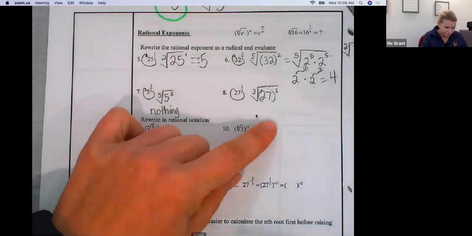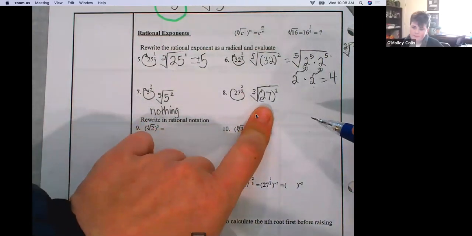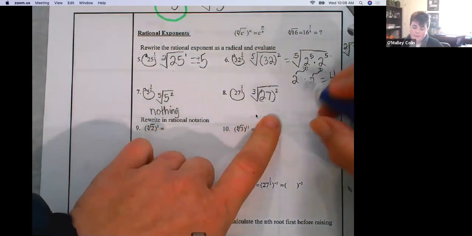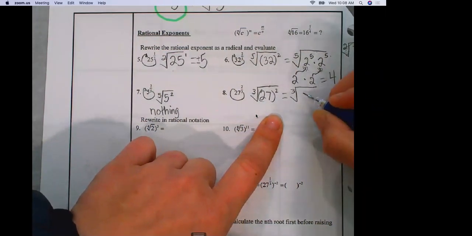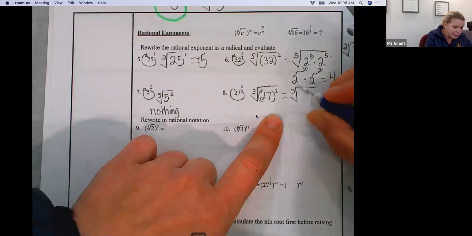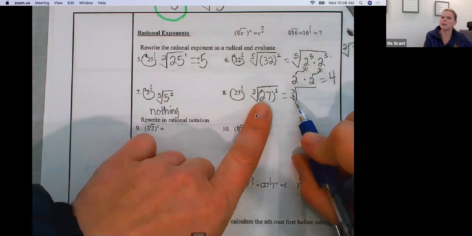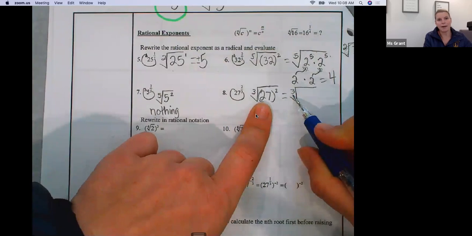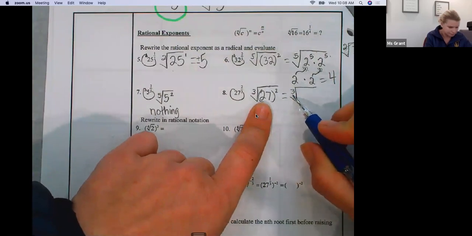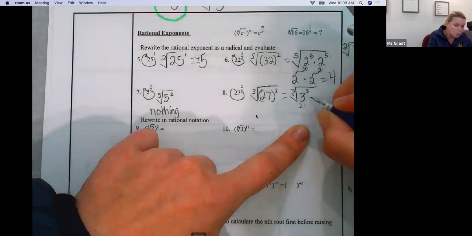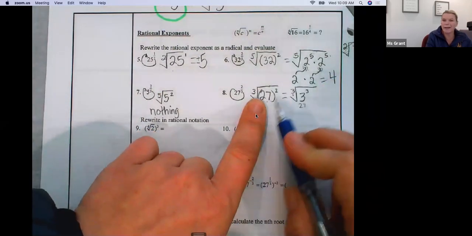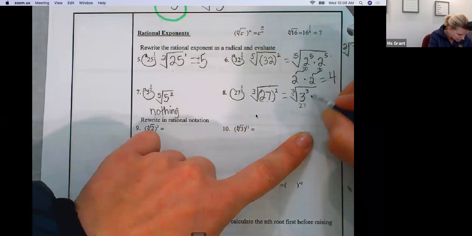So like someone? 3. Yep. 3 to the 3rd power. And how ironic that there's a 3 in my root. How funny. Ha ha. No, it's not. I did it on purpose. 3 to the 3rd. That's 27. But I said twice. 27 squared. So do it again.